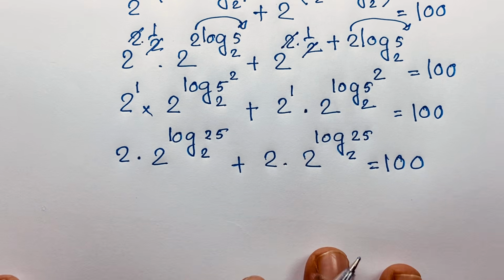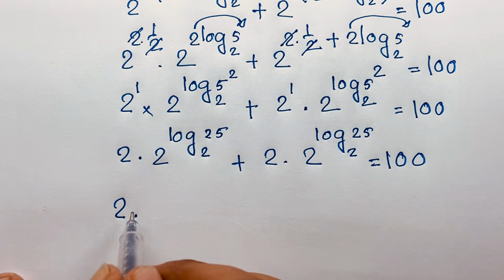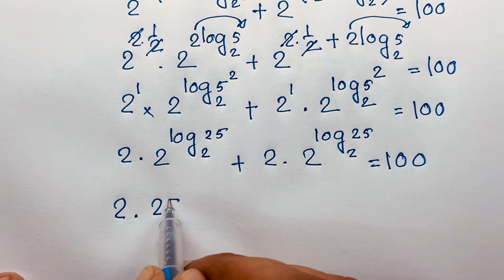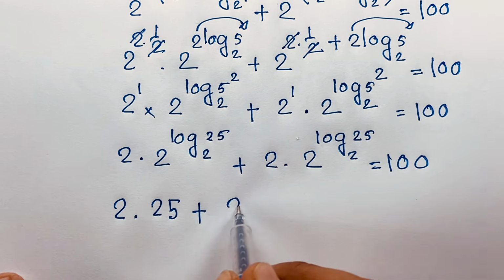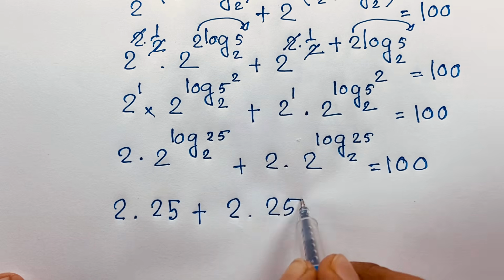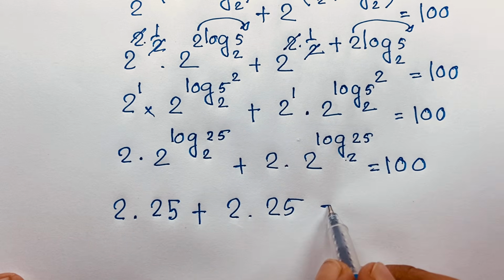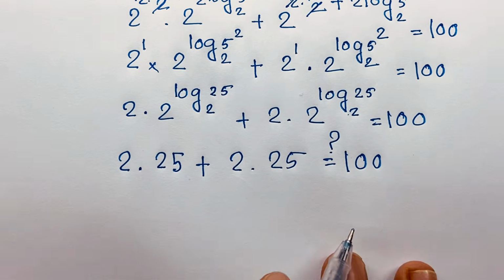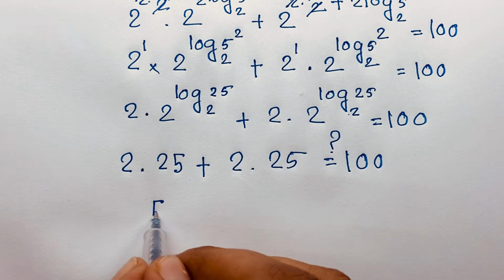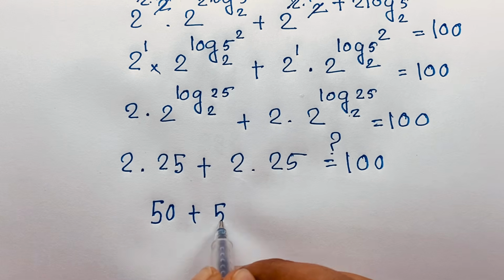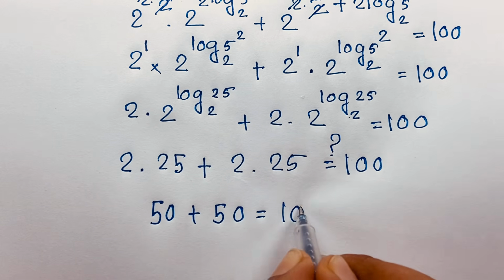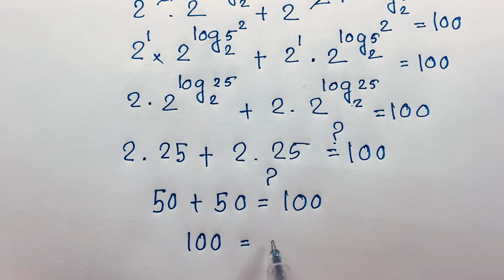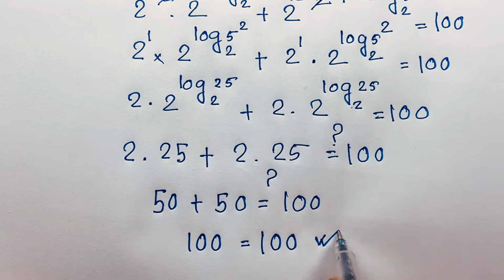Now at this moment, this 2 to the power log 25 base 2 is 25 according to the natural log formula, plus 2 times 25, this and this are the same, it will be 25, is equal to 100. Then at this moment 25 times 2 is 50, plus 50 is 100, so 100 is equal to 100. So the left hand side and right hand side are both equal.